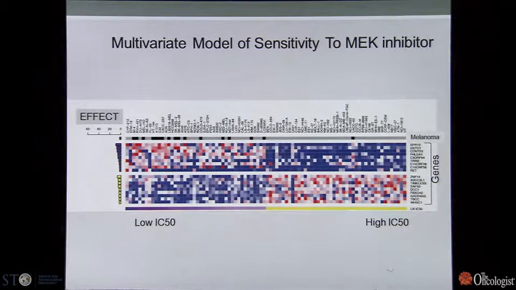So to try to understand whether we're getting anything valuable out of this, we looked at things that we understand seemingly better, for example, MEK inhibitors. This is another model of multivariate responses of one of the MEK inhibitors. And you can see that being melanoma, as you might expect, is important to respond.